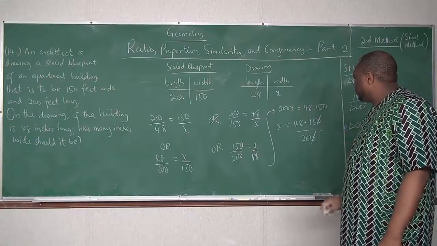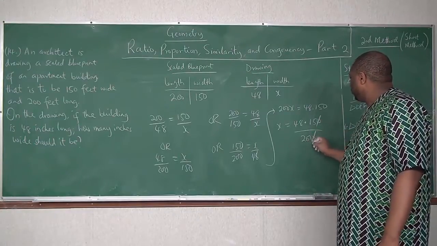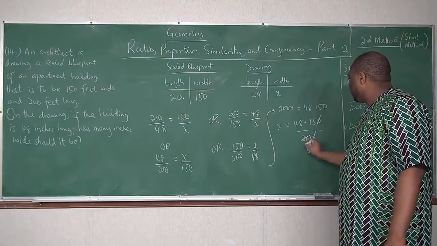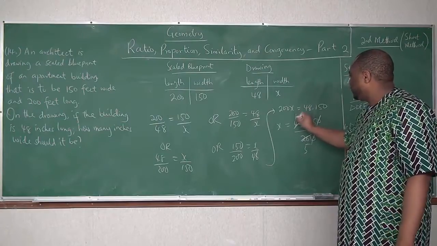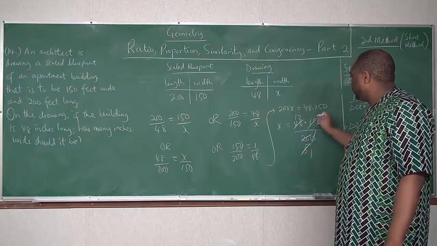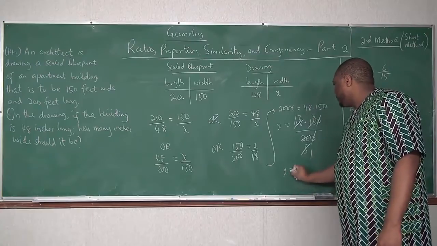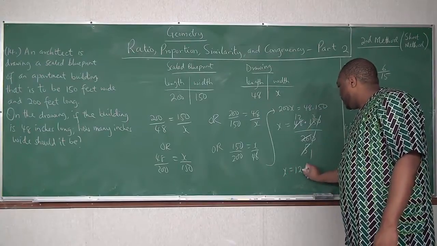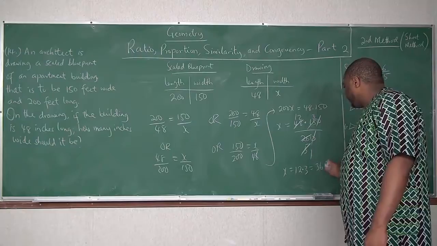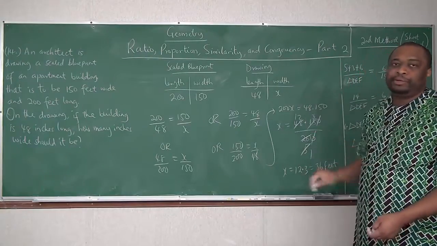The zeros cancel. 4 into 20 is 5, 4 into 48 is 12, 5 into 5 is 1, 5 into 15 is 3. So x is 12 times 3, and that gives you 36 feet. Proportional reasoning.